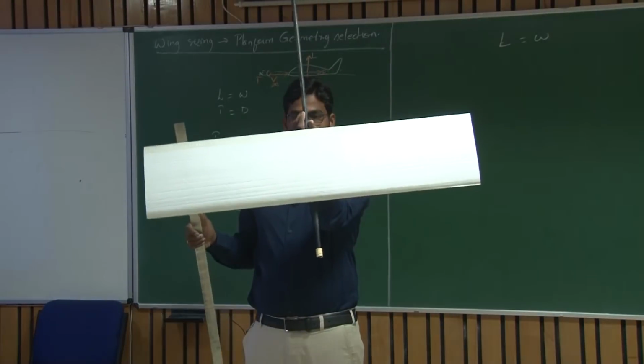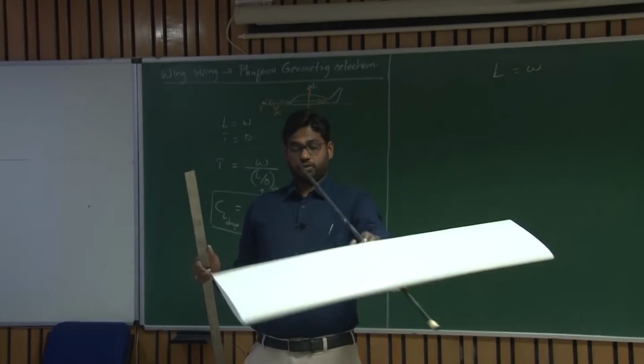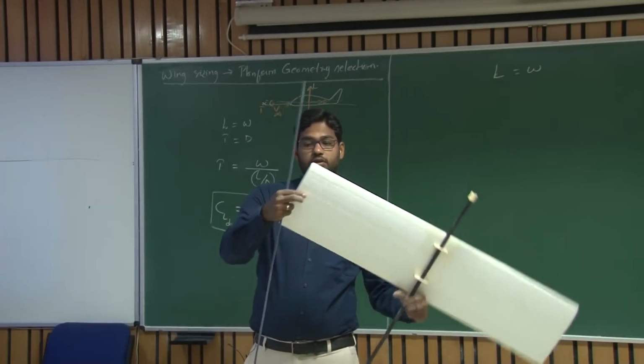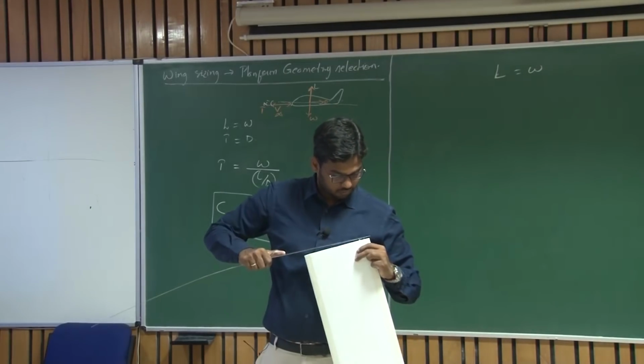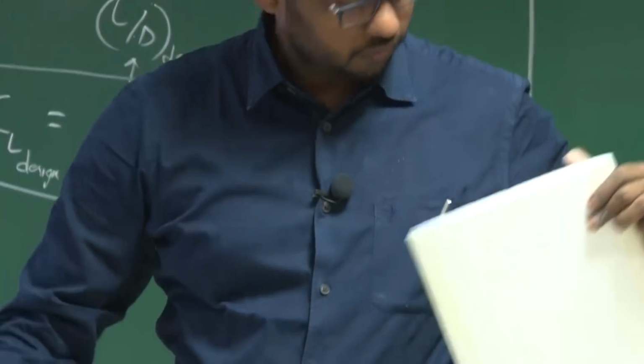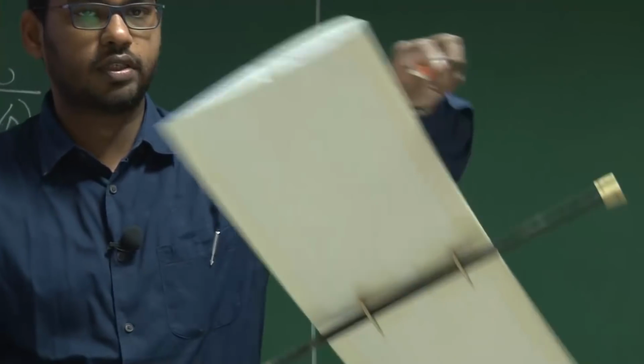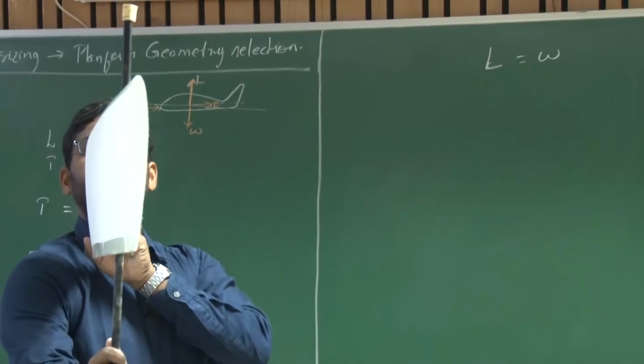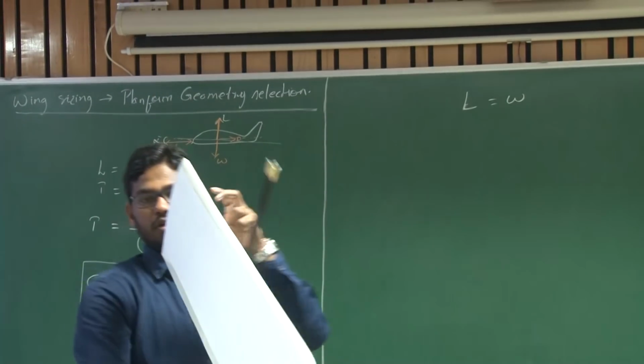Say it's a rectangular wing. You can see this is a rectangular planform. So what is the chord of this wing? You can notice it's a symmetrical wing, with a symmetric cross sectional profile.